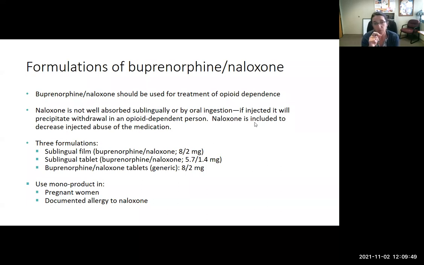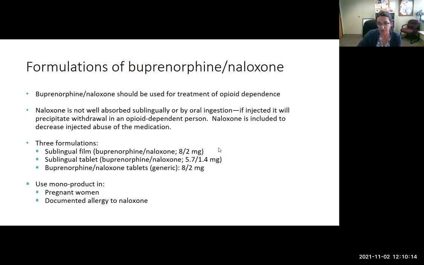The reason for the naloxone component in the combination is that it's not well absorbed if it's taken as prescribed, sublingually. If it's, for instance, crushed and injected, it can precipitate withdrawal in an opioid dependent person, someone who's already tolerant. So it's really included as an anti-diversion mechanism to decrease the injection of the medication.